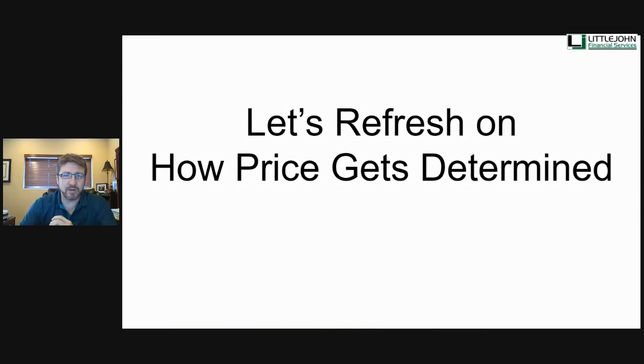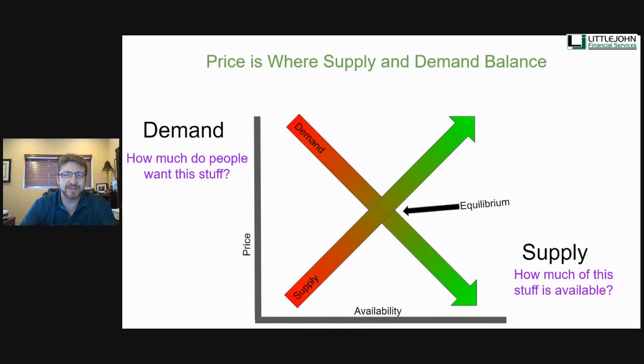So now let's talk about how price gets set. This is a really simple review, but it was about supply and demand. Remember, demand is how much you want stuff, and supply is how much of the stuff is available. Well, money is one of those stuff things, right? How much money is available in the market? How many dollars exist?